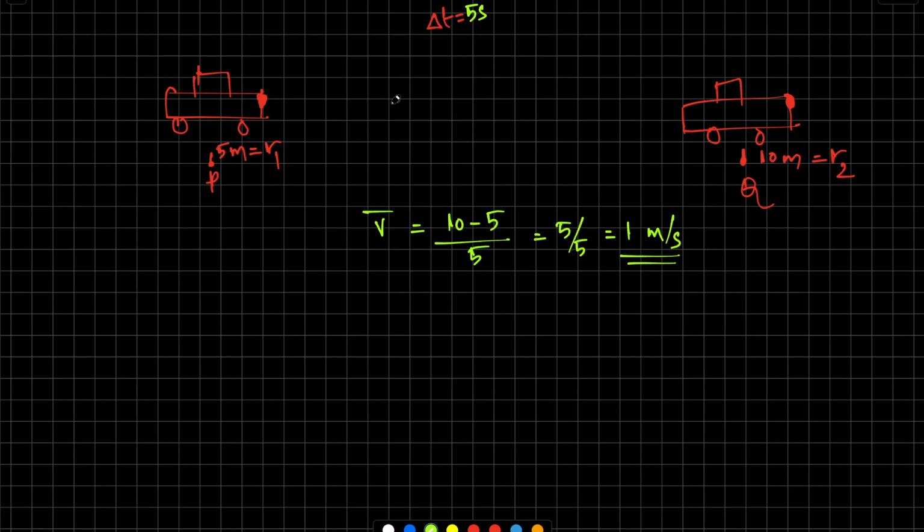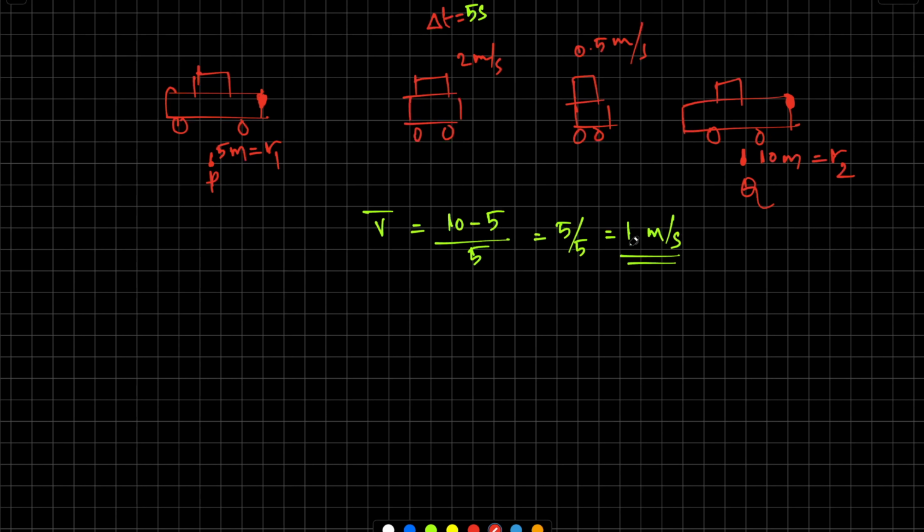I don't know, maybe when the car has reached this particular point, the velocity has increased to 2 meters per second. At this particular point, velocity is 0.5 meter per second. We don't know. The total displacement by total time, you'll get just average velocity, right?